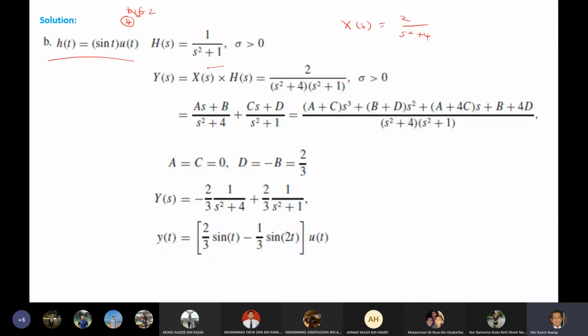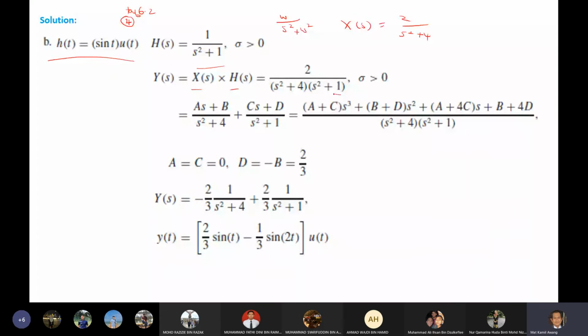So you get this. Basically omega over s squared plus omega squared, where omega is 1, right? So you get that. So now it's a matter of multiplying X and H.